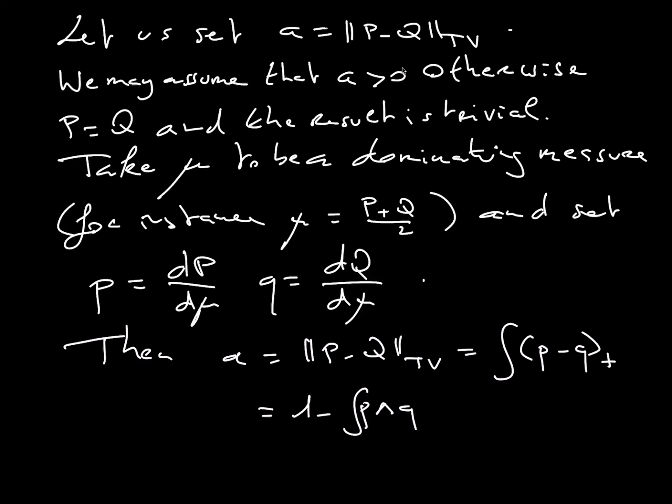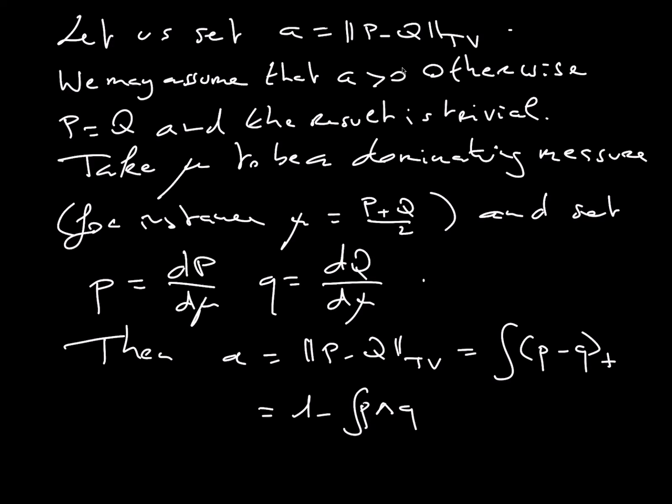And now the total variation distance, once you have a dominating measure, you can write it as half the L1 distance, or as the integral of P minus Q positive part, or also as 1 minus the integral of P infimum Q. And here, of course, the integrals are taken under mu.